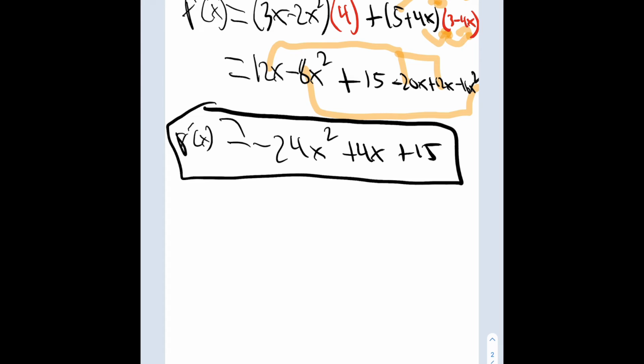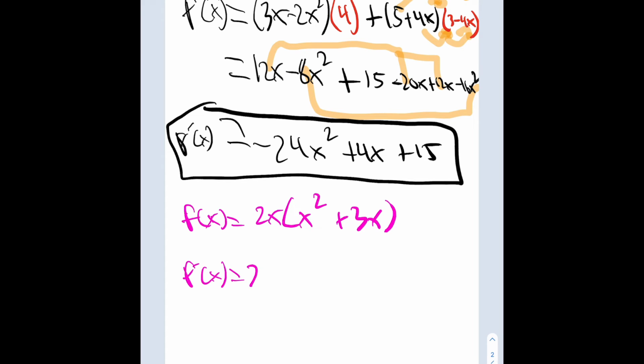All right, another example. Switch colors. The function equals 2x times x squared plus 3x. Again, first times derivative of the second. So 2x times the derivative of my second: if I bring x squared down, it's 2x, and the derivative of 3x is just 3. Plus the second, x squared plus 3x, times the derivative of the first.